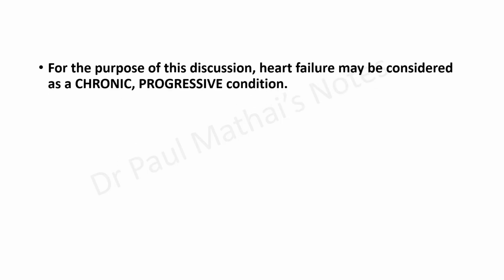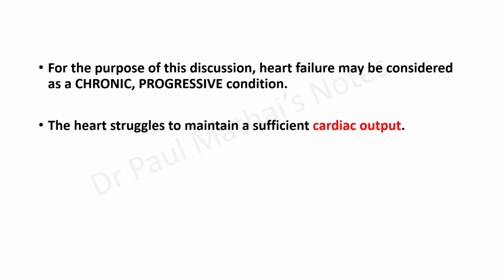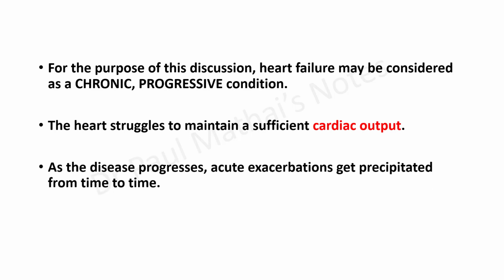For the purpose of this discussion, heart failure may be considered as a chronic, progressive condition in which the heart struggles to maintain a sufficient cardiac output. As the disease progresses over a period of months or years, acute exacerbations get precipitated from time to time.